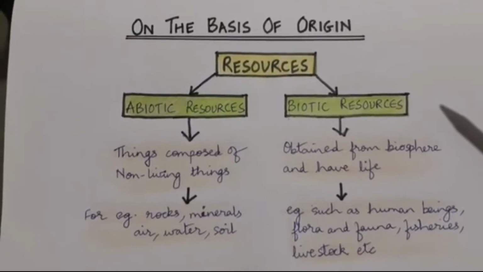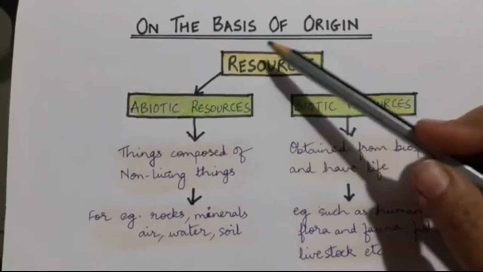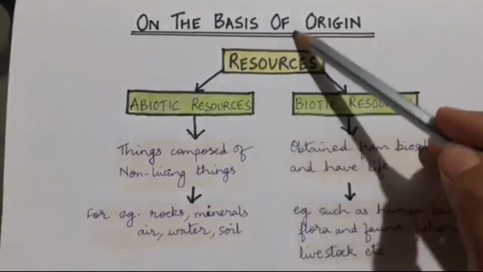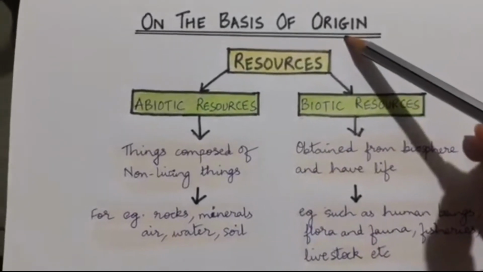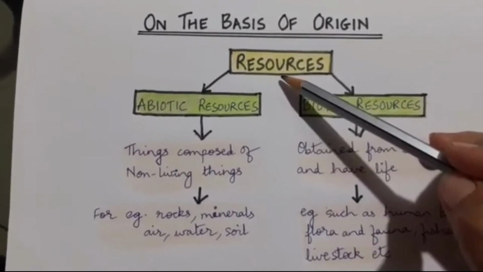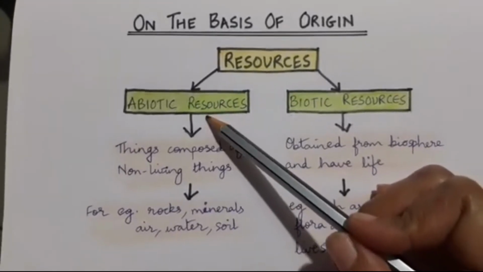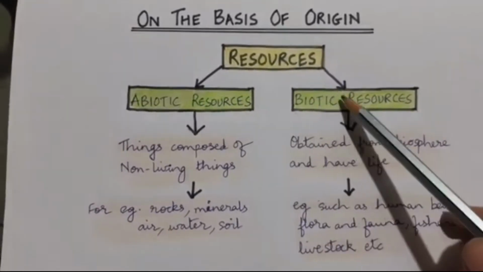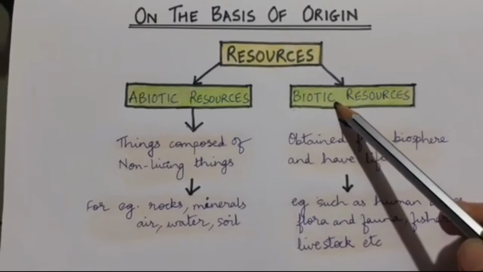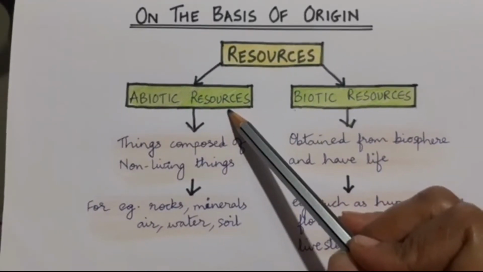Now, coming to the first, classification of resources on the basis of origin. Resources can be broadly classified into two categories: abiotic resources and biotic resources. Now, what are abiotic resources?